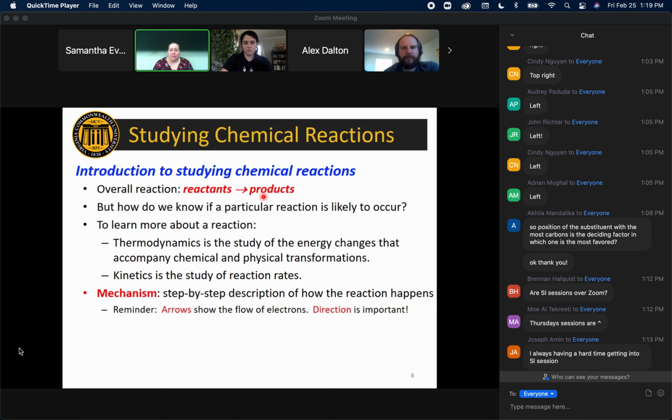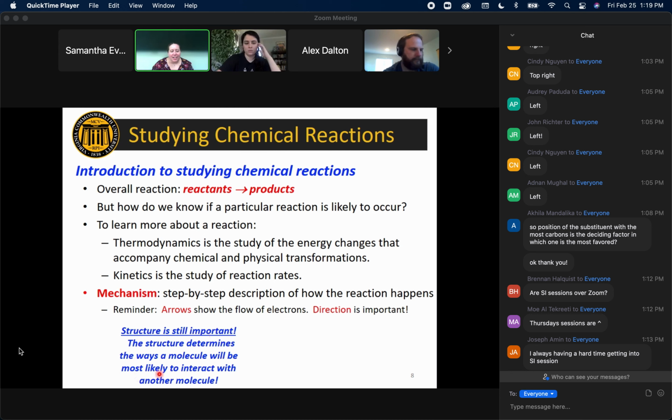Keep in mind, chemistry is really about what's going on with the electrons, so the electrons are going to be doing all of the work. The curved arrows show us how the electron density starts in one place and moves to another place, and the directionality of those arrows is really important.